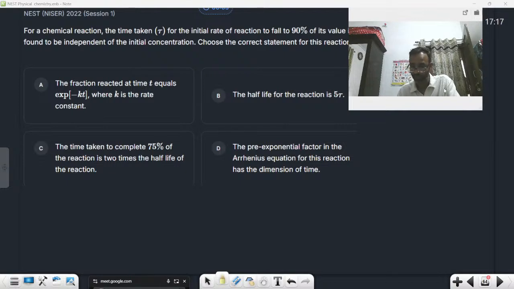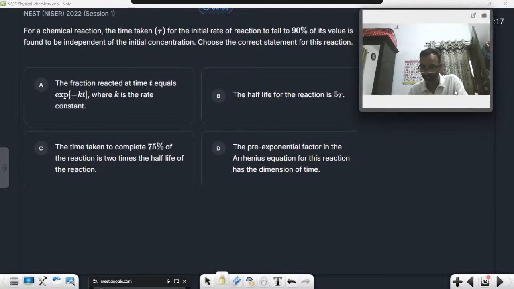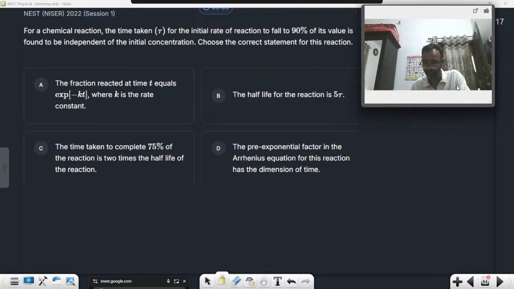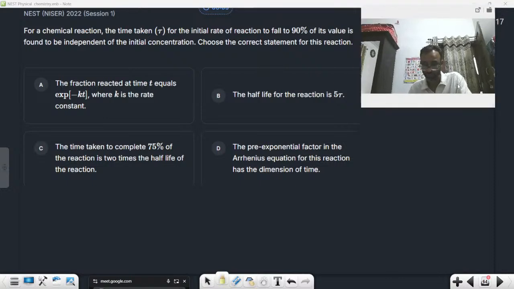Next question. For a chemical reaction, the time taken for the initial rate of reaction to fall to 90% of its value is found to be independent of the initial concentration. So in which reaction is this independent of the initial concentration?